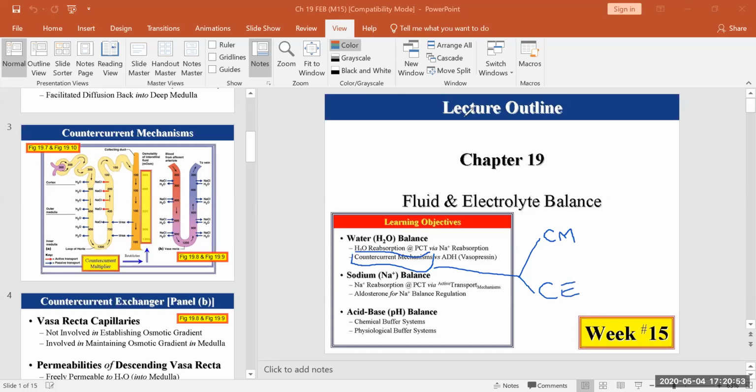The countercurrent multiplier is performed by the loop of Henle. Whereas the countercurrent exchanger is performed by the vasa recta.